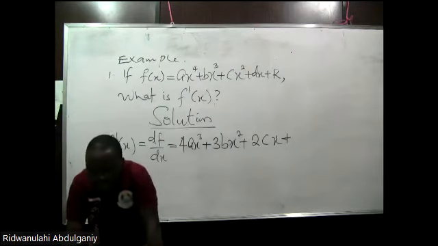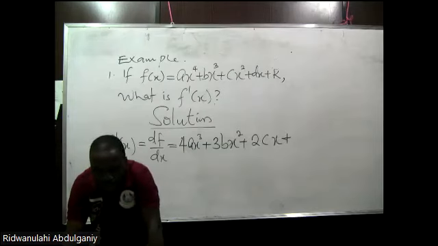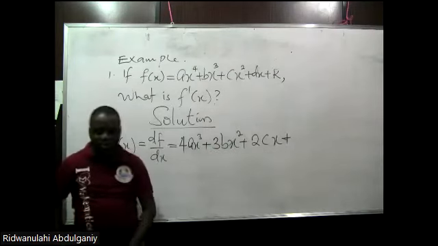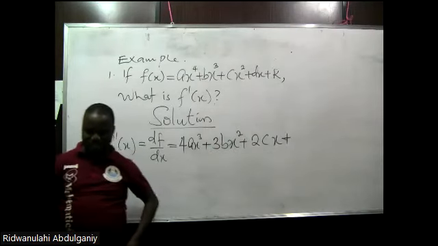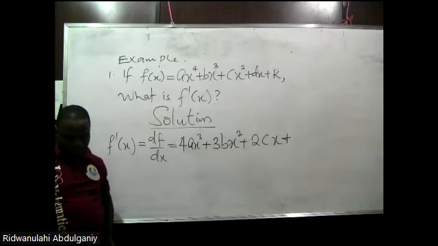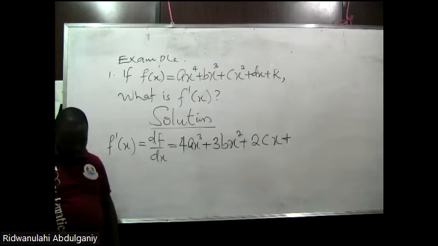Akinyimika, kindly unmute yourself. You said that the answer to the next one is d. How do you obtain your d? I see x has a power of 1. So it will become 1 minus 1, that's 0. So the answer is dx raised to power 0.